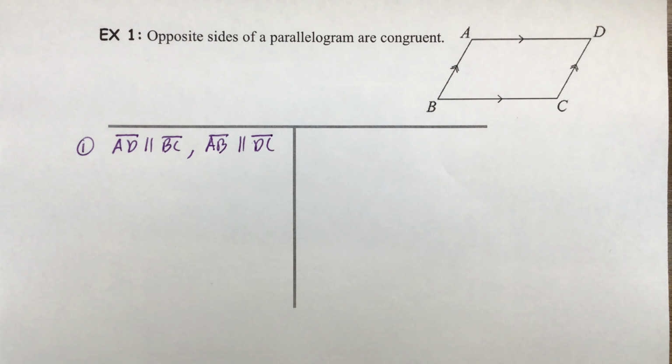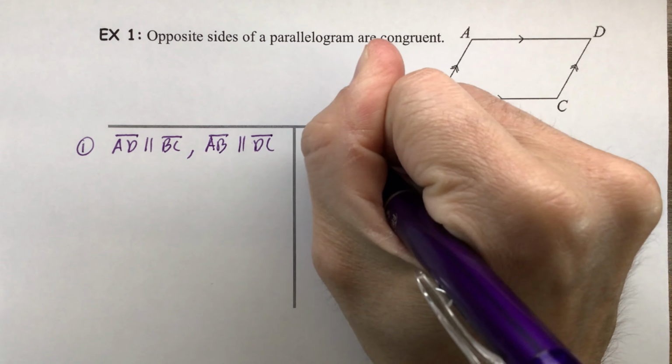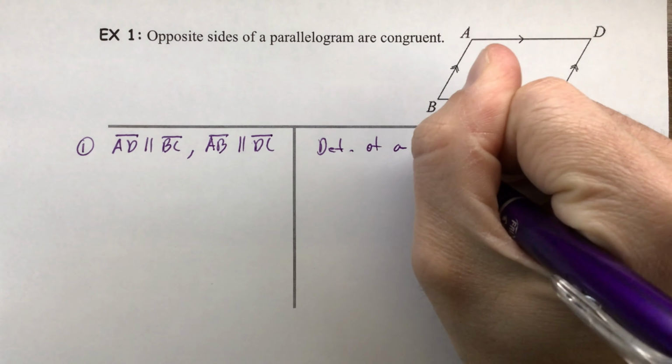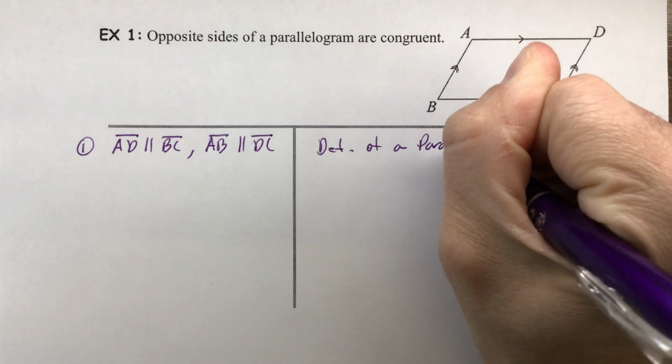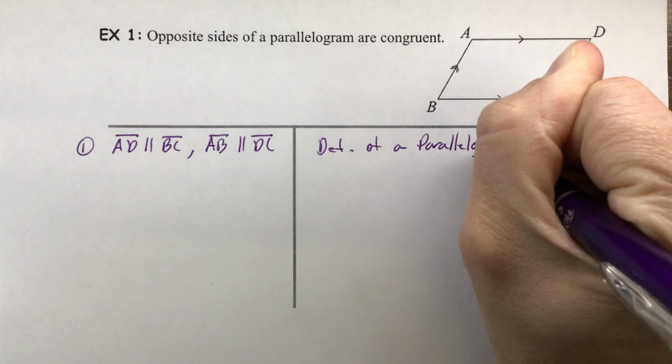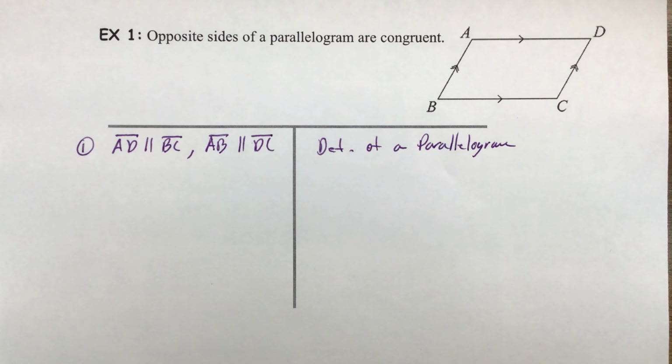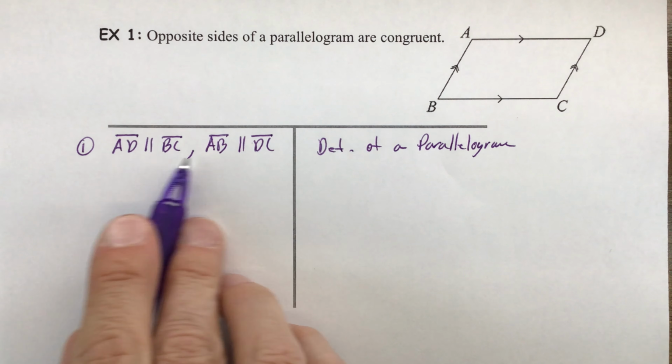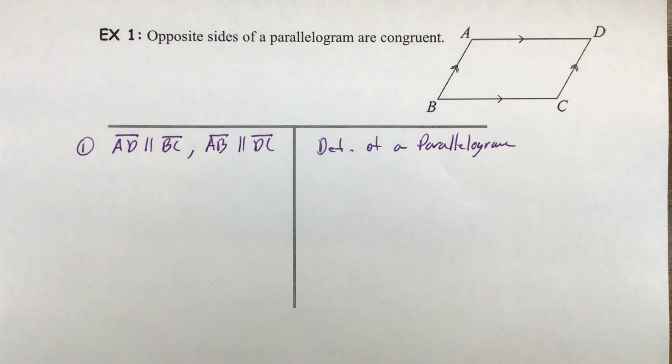The reason that I can do this is because we do have a parallelogram, and that is the definition of a parallelogram. So I don't need to write down a given that I do have a parallelogram. Because we do have one, I can go ahead and just start applying the definition to show that.